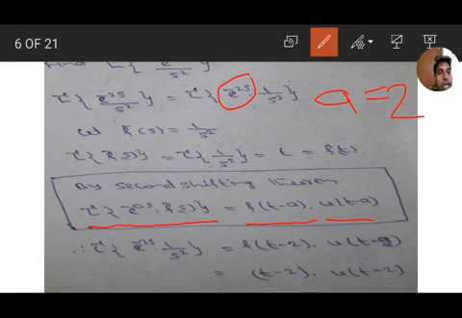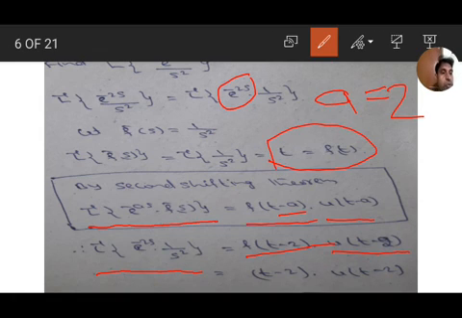So substituting a equal to 2 and the f bar s value, we get L inverse of e to the power of minus 2s into 1 by s square equals f of t minus 2 into u of t minus 2. In f of t, replace t by t minus 2, we get t minus 2 into u of t minus 2, where u of t minus 2 is the unit step function.